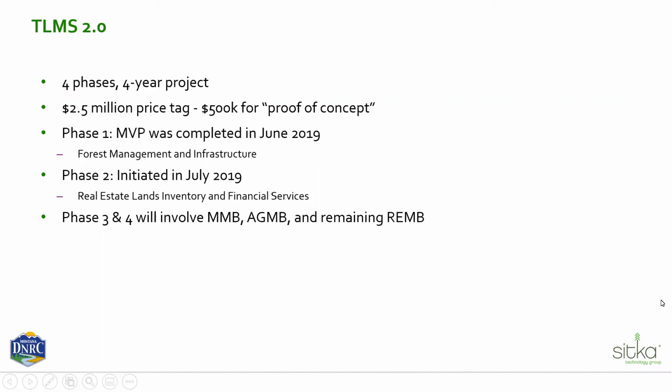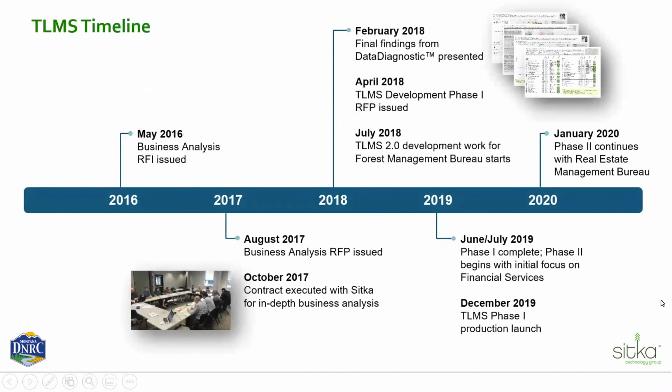Let's look at a quick timeline of this TLMS 2.0. Back in 2016 and 2017, we knew we needed to update our information system, and we started with a business analysis. We wanted to clarify and document our business needs before moving into development. The procurement process, I'm going to breeze over.